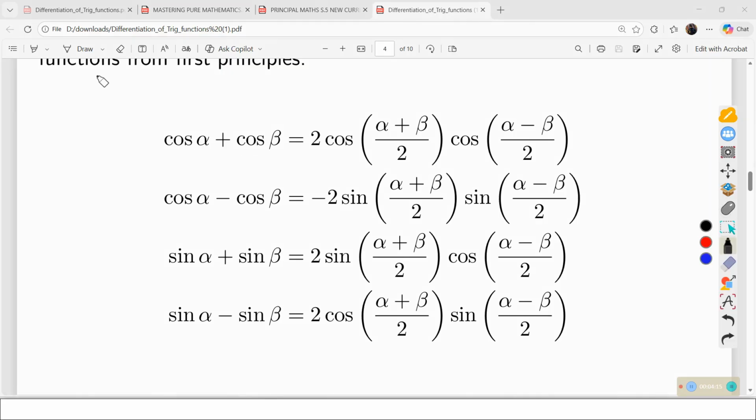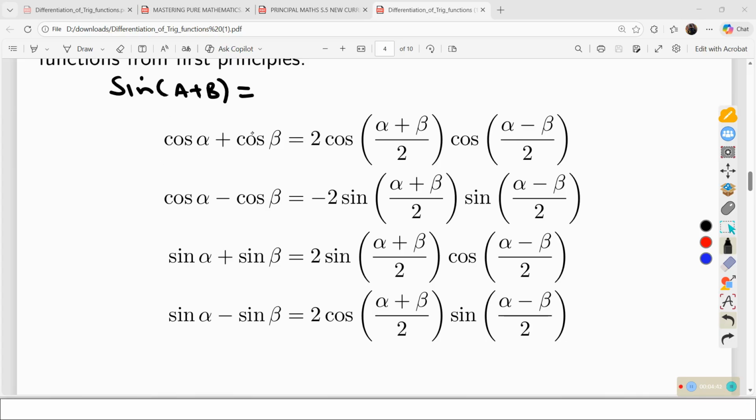For example, if you have a sine of A plus B, can anyone unmute and tell us what this one is equal to? What is sine of A plus B equal to? We need to look at these expressions from compound angles. If anyone knows what this one is equal to, please, you can unmute and let us know.